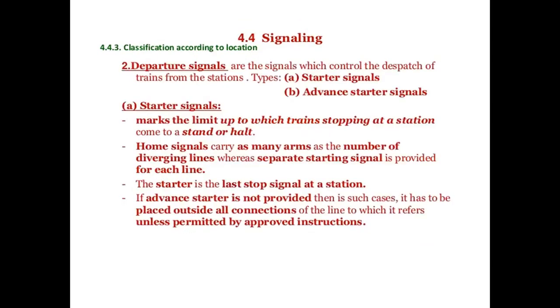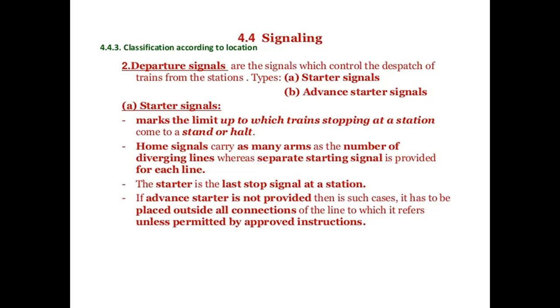The departure signals control the dispatch of trains from the stations. The signals we use for departure are starter signals or advanced starter signals. What is a starter signal? The starter signal is the limit up to which trains stopping at a station come to a stand or halt, where loading or unloading of traffic in the train can take place.